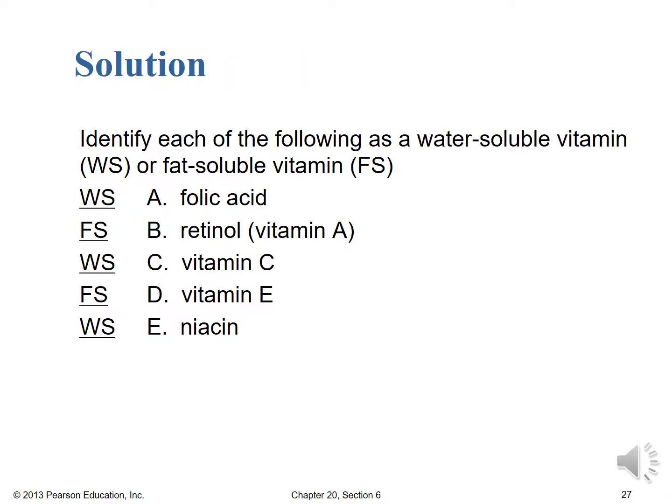Okay, so hopefully that wasn't too bad. Hopefully you were able to make the same assignments you see up on the screen there. So folic acid is one of our B vitamins, so it's a water soluble. Retinol, or vitamin A, is the first fat soluble that we discussed. Vitamin C is another water soluble. Vitamin E is another fat soluble. And niacin, again, one of our B vitamins, so that's a water soluble.